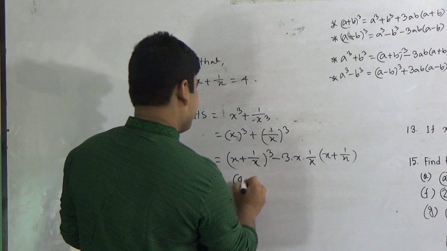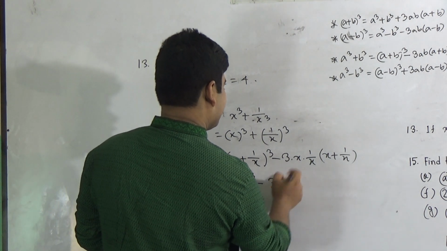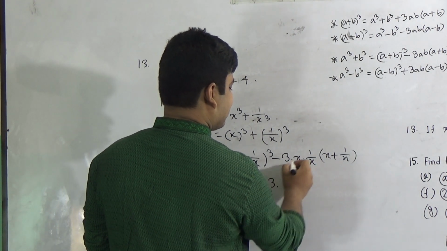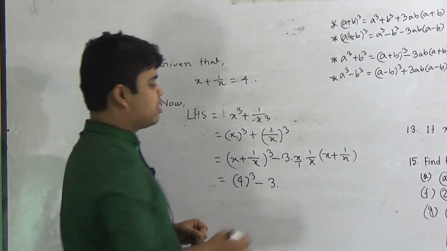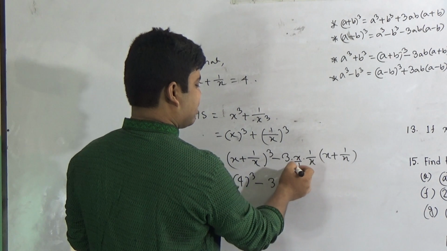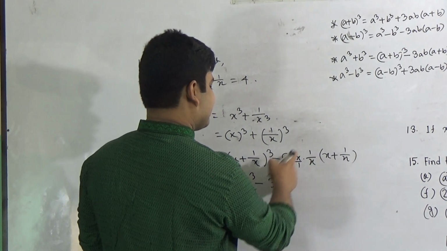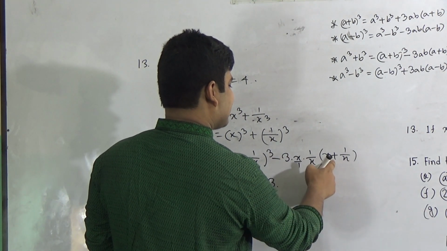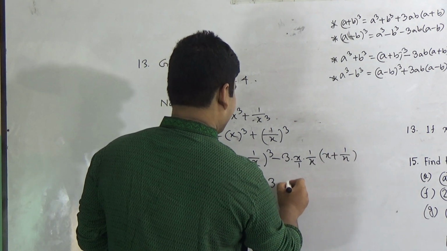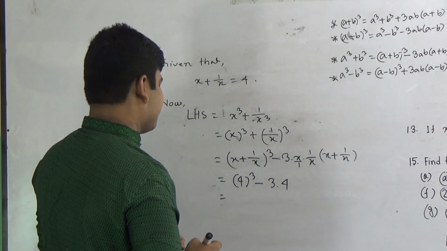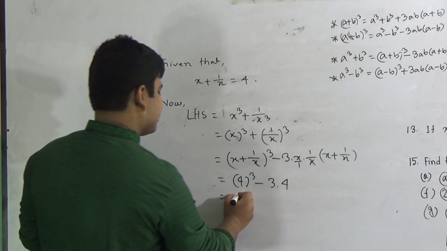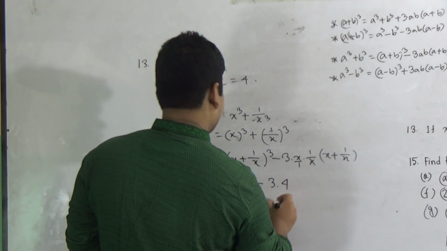So, 4 cube minus 3 into this x and this x are cut, because we know every number has a denominator which is 1. So, x and x cut, 1 and 1 cut. So, left 1. So, 3 ones are 3, and the value of this x plus 1 by x is 4. So, 4 fours are 16, 16 fours are 64, minus 3 fours are 12.